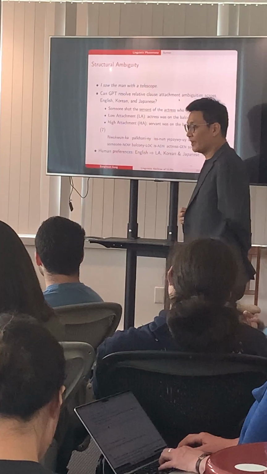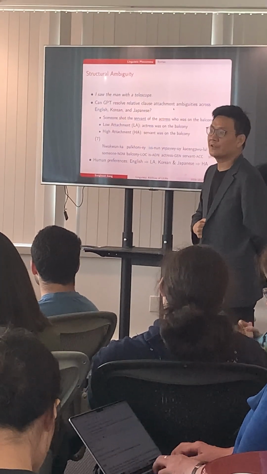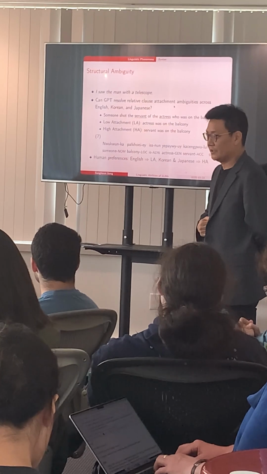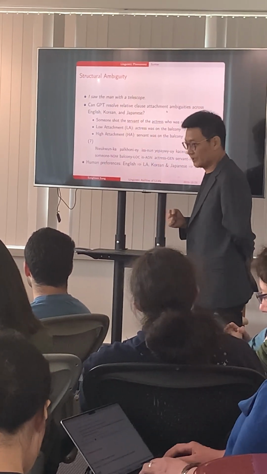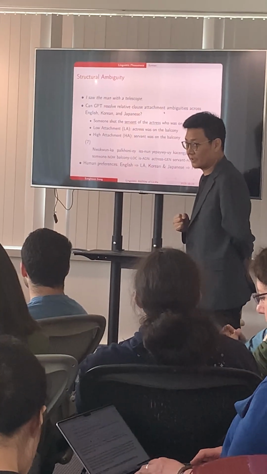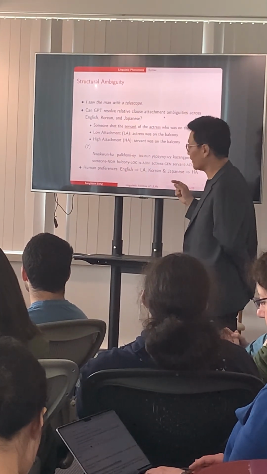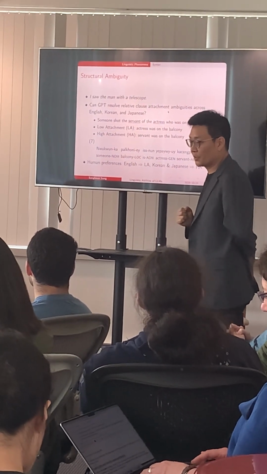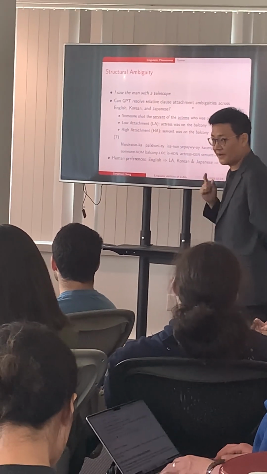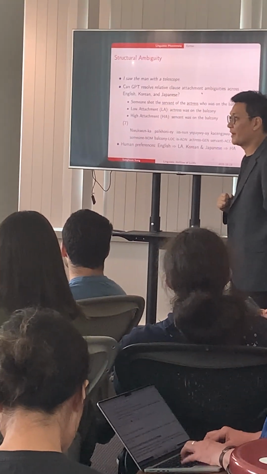The problem is the preference. The preference differs across languages. In English, low attachment is much more preferred, 70% as far as I know. In Korean and Japanese, high attachment is much more preferred, more than 70% as far as I know, following previous psycholinguistic experiments.